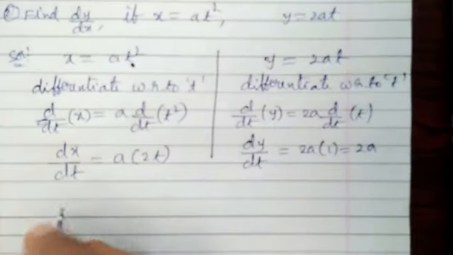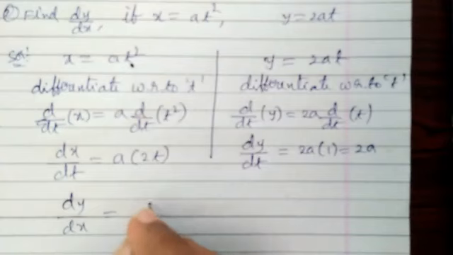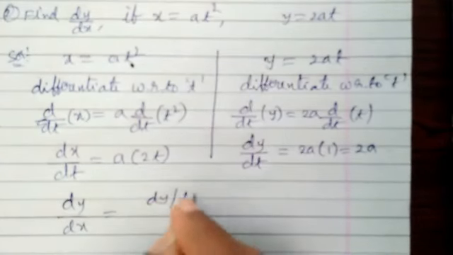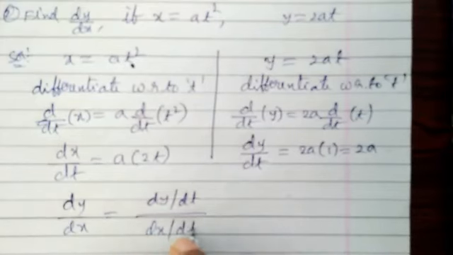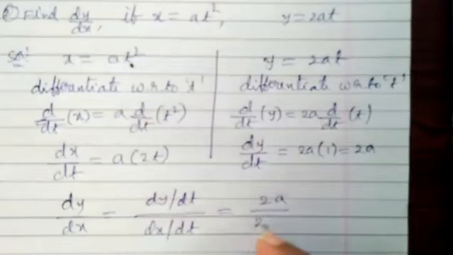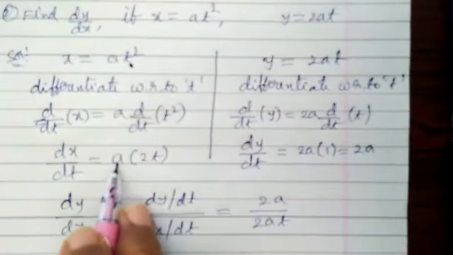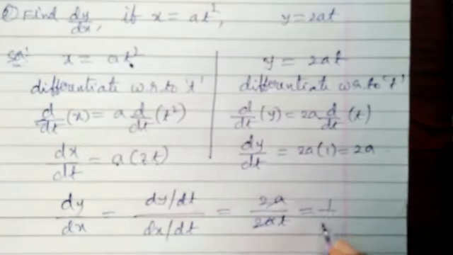Finally, what we have to show in this problem? dy/dx means dy/dt divided by dx/dt, which is equal to 2a by 2at, because a into 2t means 2at. 2a will cancel. Finally, we got the answer 1 by t.